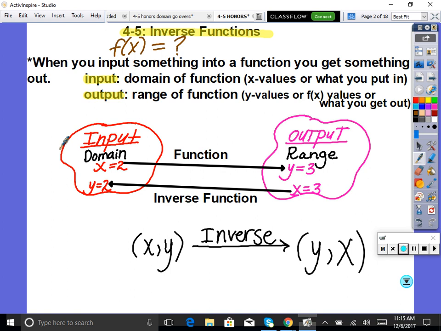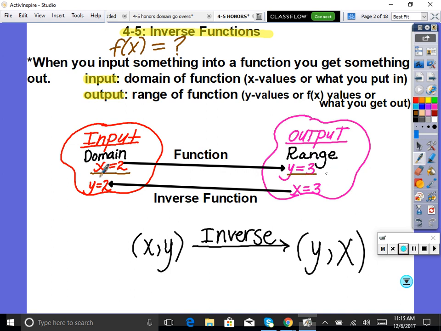So everybody look at this red circle. I'm just trying to get this idea across to you. So if this is my input here, then this would be considered my domain. Is everybody good? So let's say I take some function and plug in 2 to it. And I get out my range, right? My output here, I get out 3.